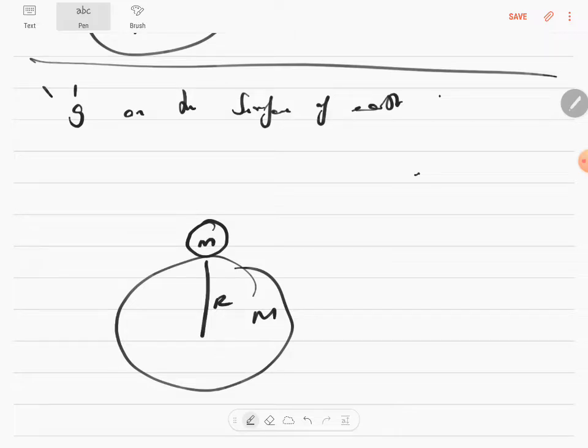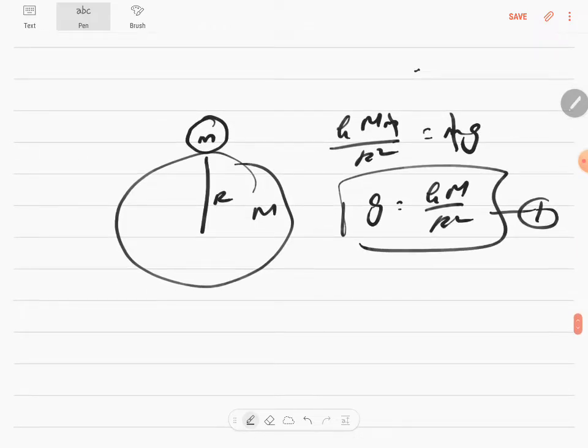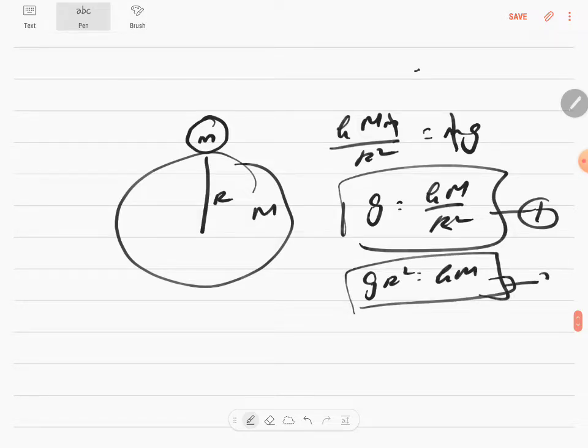You know that the force of attraction is G capital M small m by capital R square, which is also equal to m into g, the force with which earth is going to attract it. M and m get cancelled. Thus, you get the gravity on the surface of the earth is g = GM by R square. This is the equation that I was talking about. From this we can also cross multiply and find gR square is equal to GM. Instead of GM, you can always write gR square.